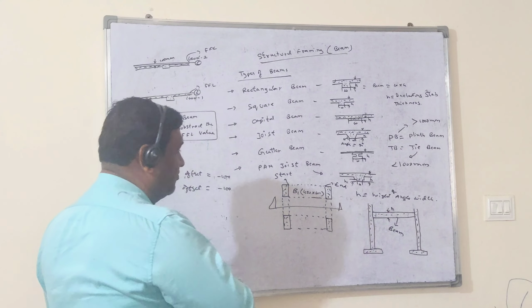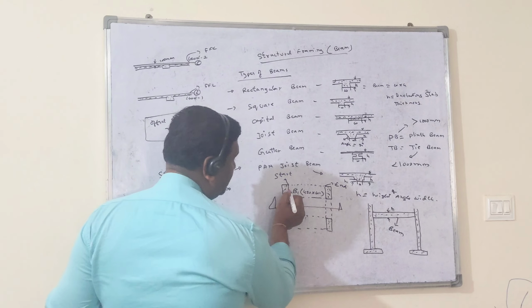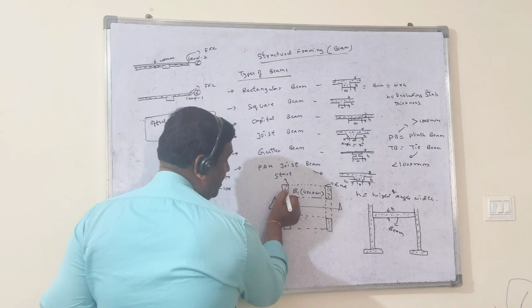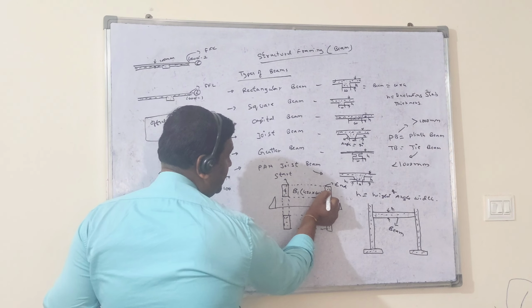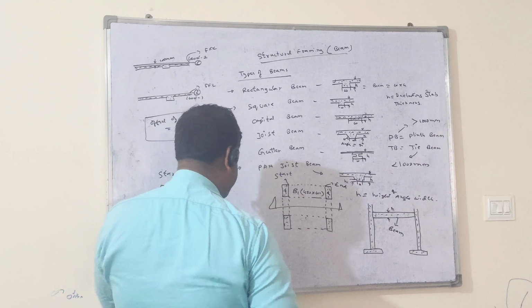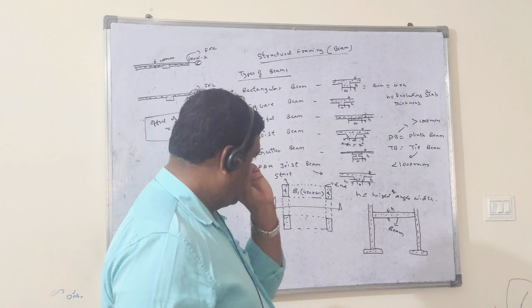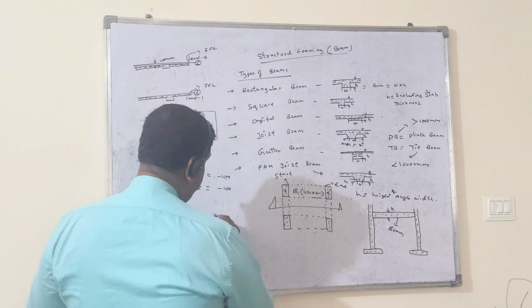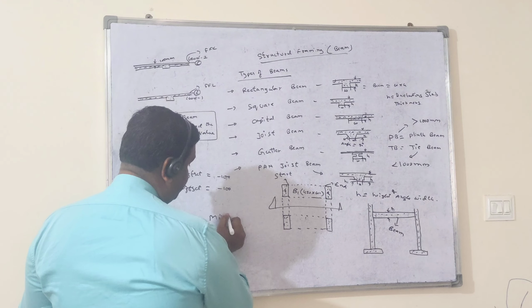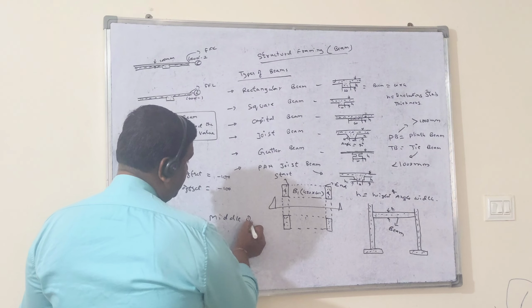And whenever we are going to place the beam, always remember the first start point has to be the center point of the column, and then the next column. Always you have to take the middle of the column. So middle of the column, or the intersection point of the column.